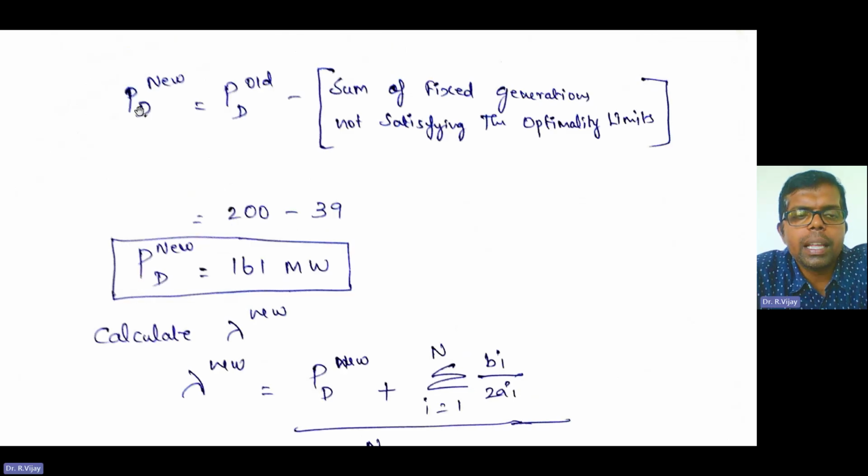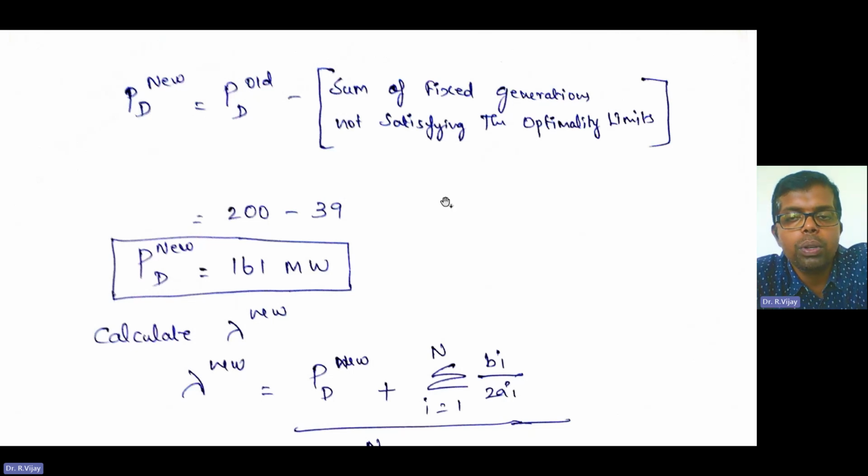Here, what is the PD new? Now we need to calculate PD new. PD new is equal to PD old minus the sum of fixed generation not satisfying the operating optimality limits. PD old given in the problem is 200 megawatt. Only one generating unit is violating, so only that we consider.